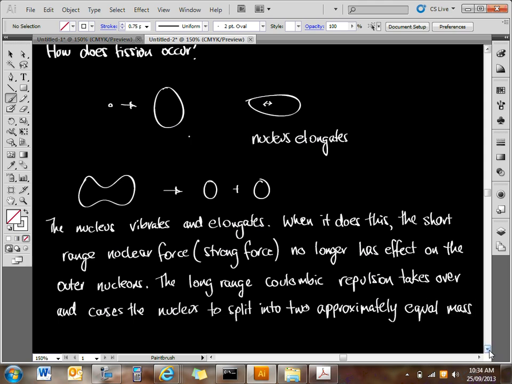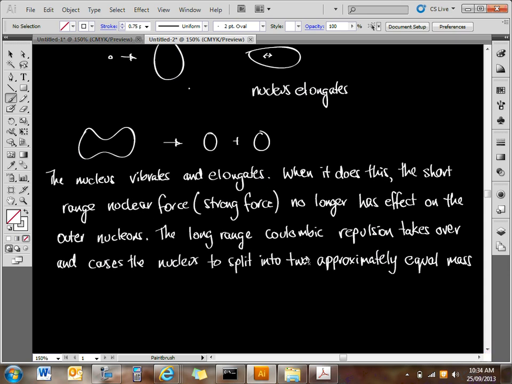Your book says lighter nuclei. Don't use lighter. It doesn't mean anything in physics. Approximately equal mass nuclei. Don't use the words heavy and light, please.